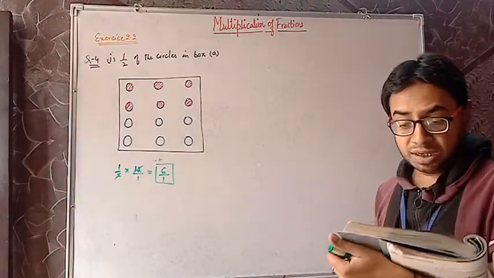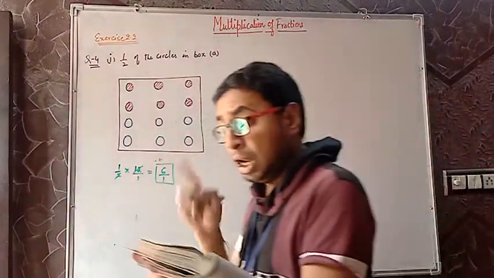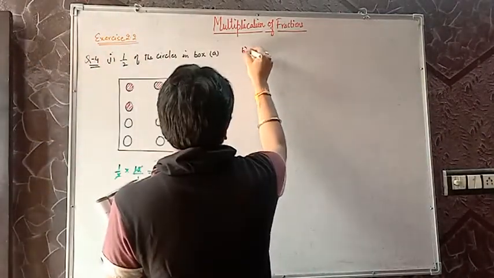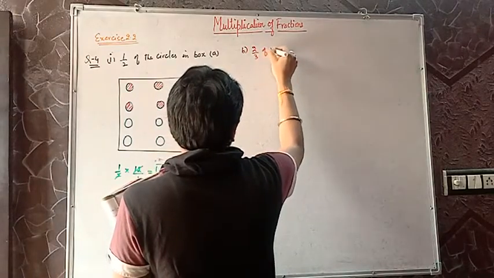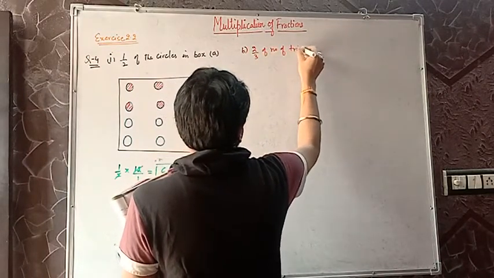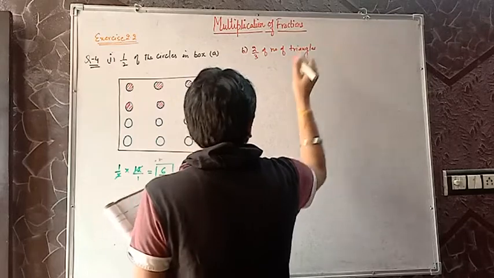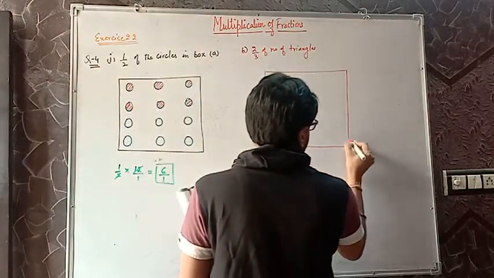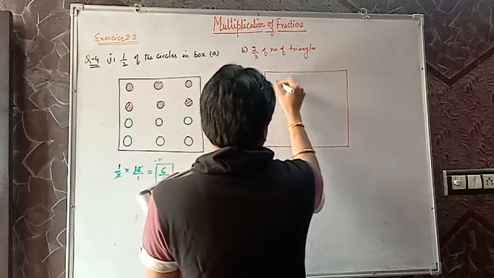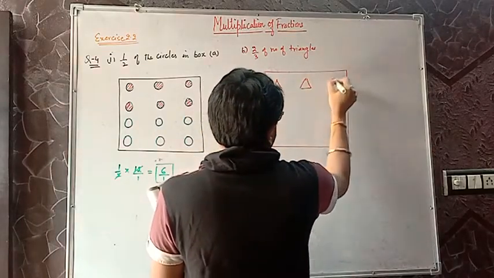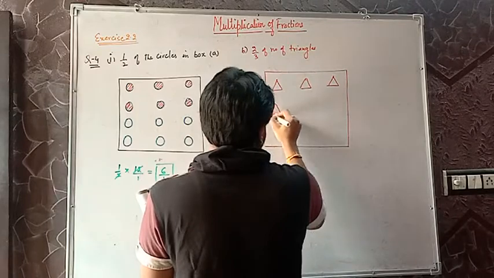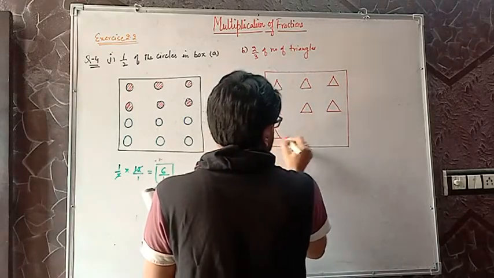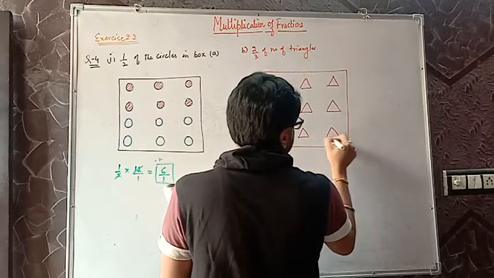So B part you can try. We have to shade 2 by 3 of the triangles in box B. Let's take B part also, I'm doing for you. 2 by 3 of the number of triangles. If you clearly see again, we are having 3 triangles in each row and column.